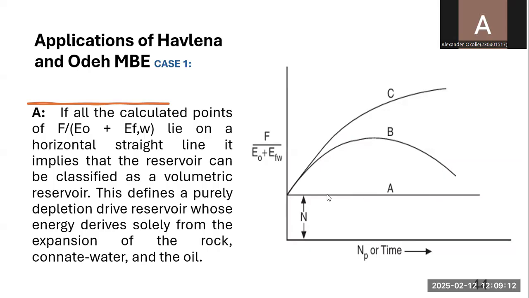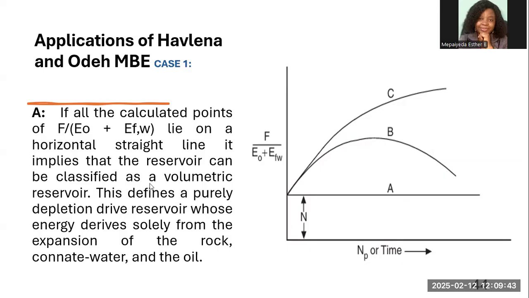We said one of the things that you can obtain from your Havlena and Odeh material balance derivation is the type of your reservoir drive, the energy of your reservoir. So here, if this plot goes on a straight line, the reservoir is classified as a volumetric reservoir.